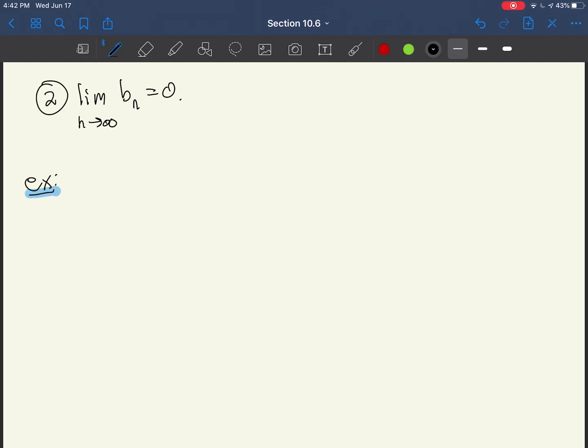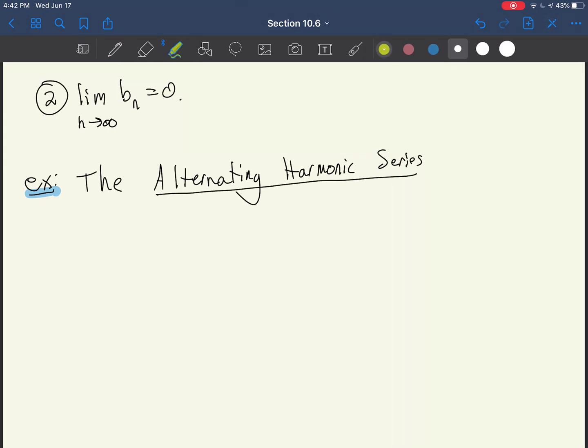So let's see an example of this in action. Consider the alternating harmonic series. This is a well-known series, so we'll underline it just because it has a name.